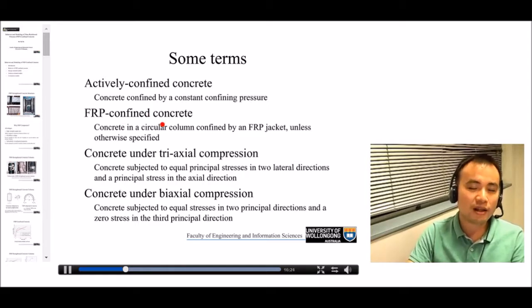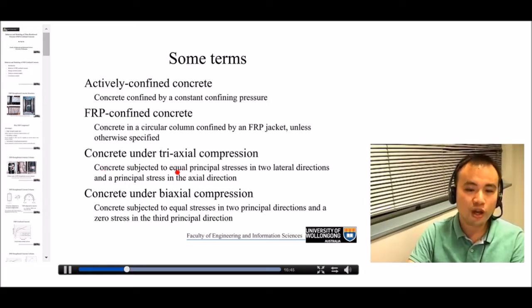The second is FRP-confined concrete. Unless otherwise specified, it refers in this presentation to concrete in a circular column confined by an FRP jacket, which means the concrete is under uniform confinement from the FRP. The third term is concrete under triaxial compression.